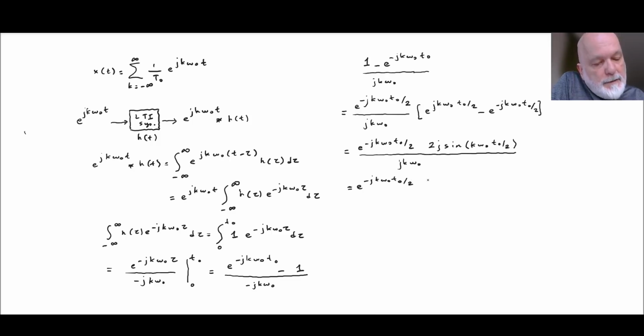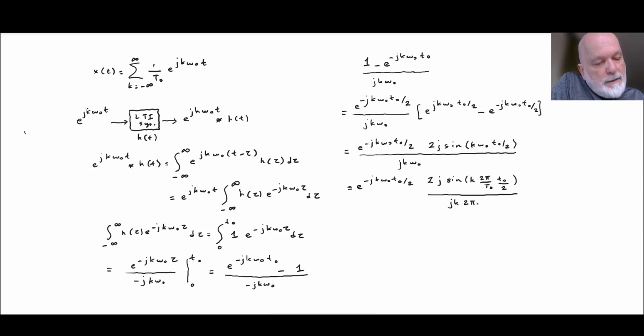Then we have 2j sine k, now instead of omega 0, we can write 2 pi over t0, times t0 over 2, divided by jk.